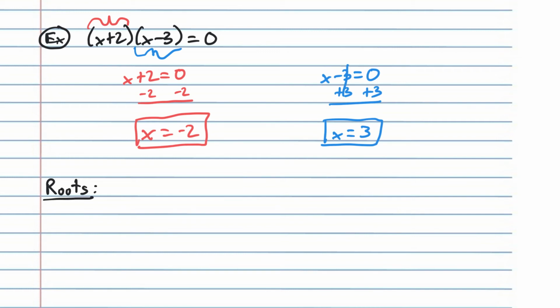Roots are basically just saying it's the solution to your polynomial. So the roots to that last example are -2 and 3. That'll come in handy as we get into more advanced math, the idea of what a root actually means. But right now, your answers are your roots.